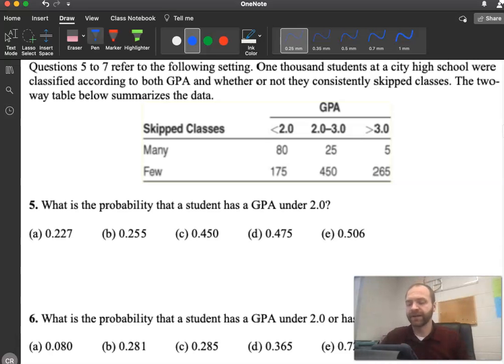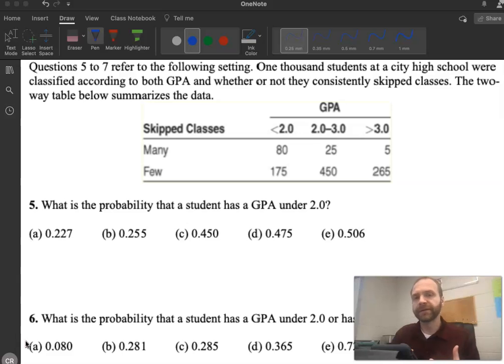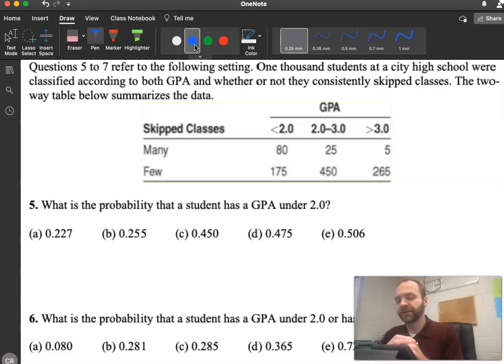All right, so this two-way table has skip classes, many and few. It has a GPA. It has less than 2, between 2 and 3, and greater than 3. So what is the probability that a student has a GPA under 2? In order to do probability, I have to know how many outcomes over the total. And I do not have a total here. So I'll do totals in green for this.